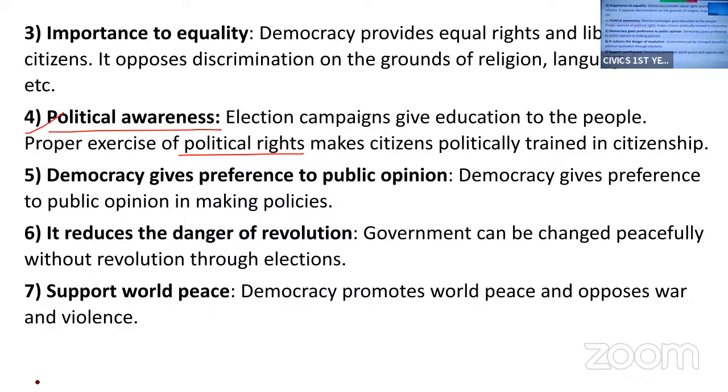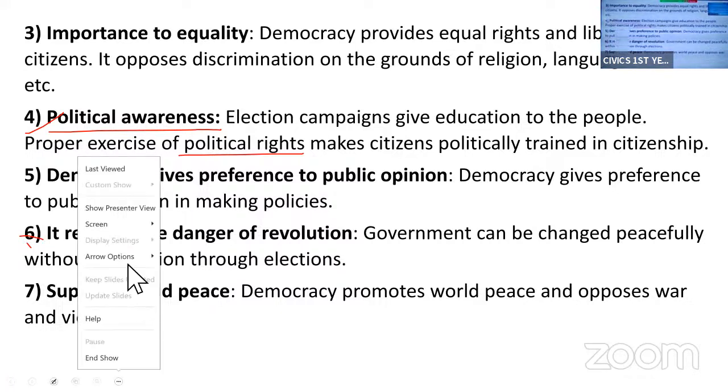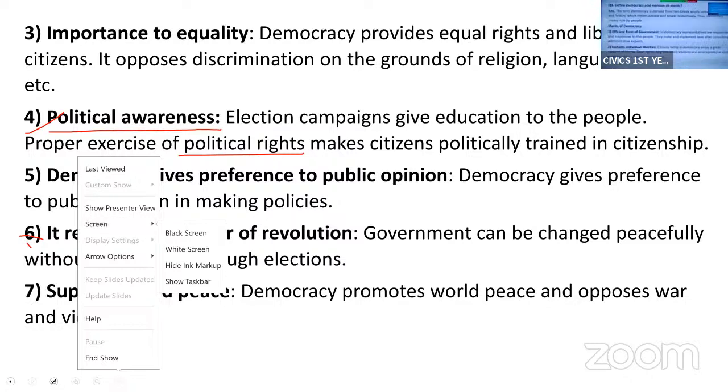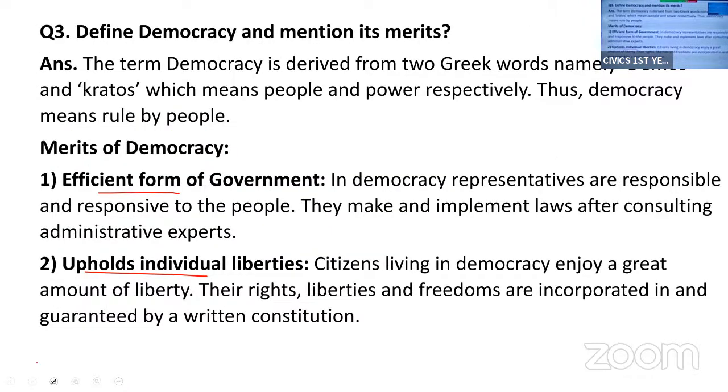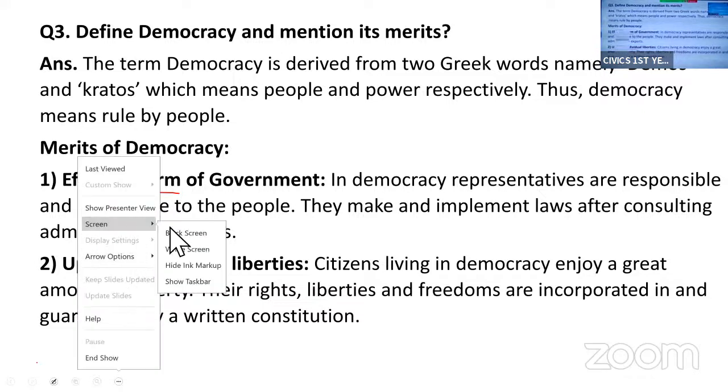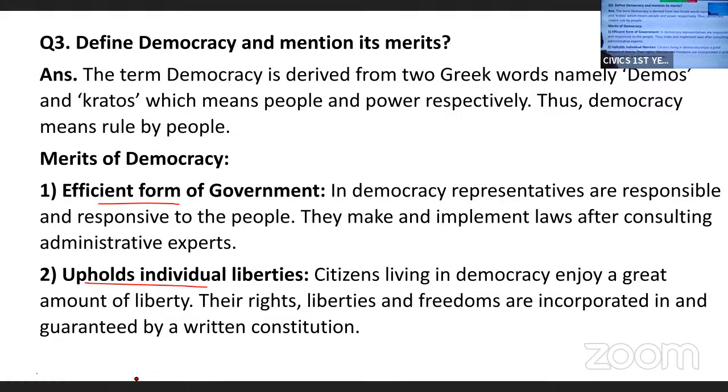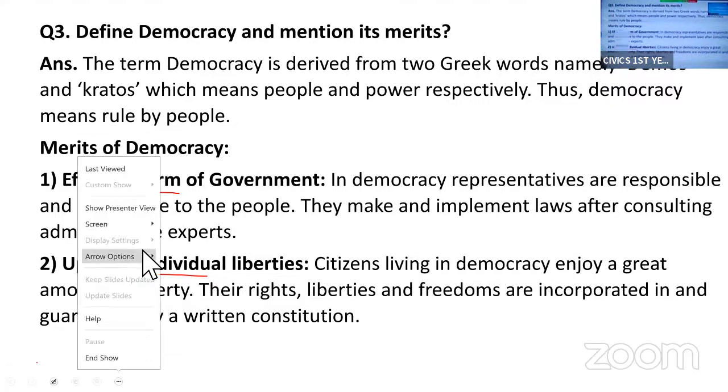I'll repeat all the four points. The first is that it is an efficient form of government where the representatives are responsible and answerable to the people.